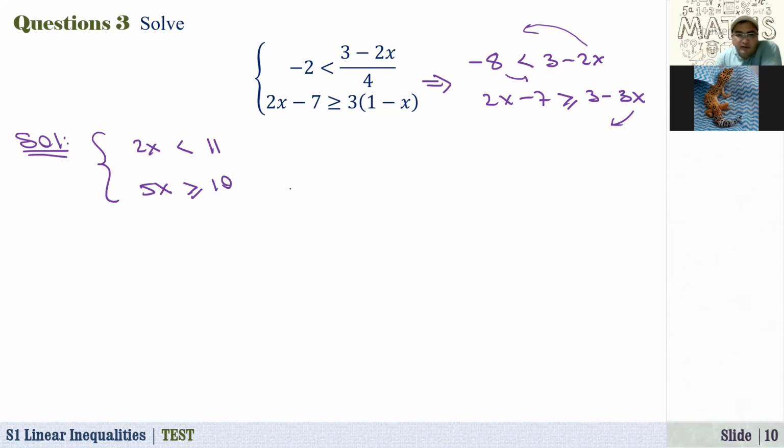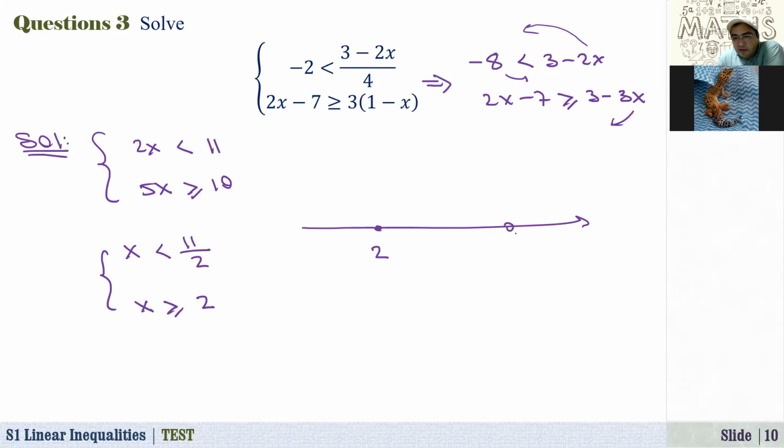Or I can simplify this further, right? The first one, divide both sides by 2. x is less than 11 over 2. The second one is x is greater than or equal to 10 over 5. That is 2.